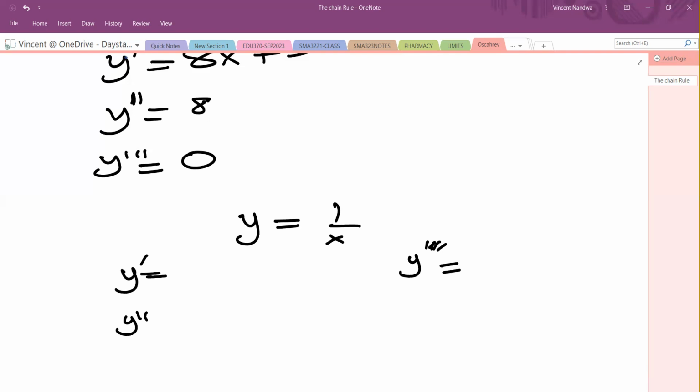By the way, 1 over x means x power minus 1. It will be x power half if it is square root of x.